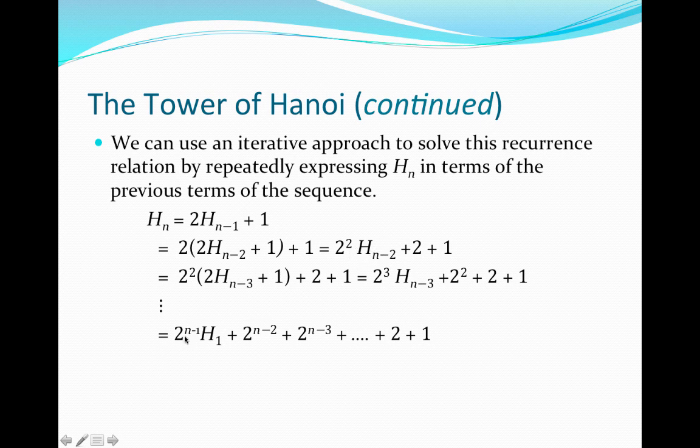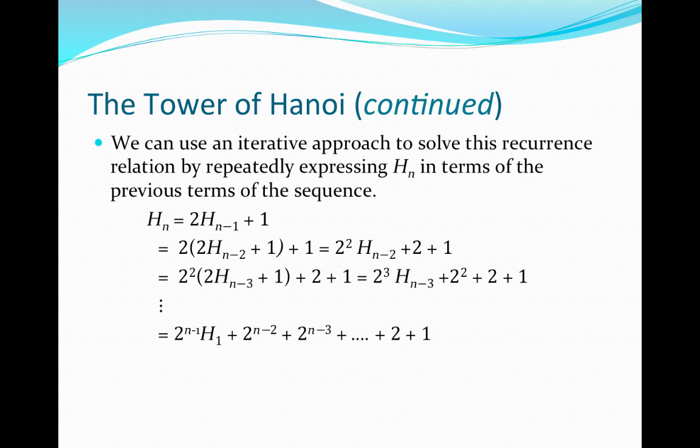And so that's where we get n minus 1 on the exponent here, because that's n minus this index. Okay, and then notice that beyond that relationship, we simply add decreasing powers of 2. So from n minus 1, we would have n minus 2, then n minus 3, all the way down to 1. And then recall that our initial condition for this recurrence relation was h1 equal to 1.